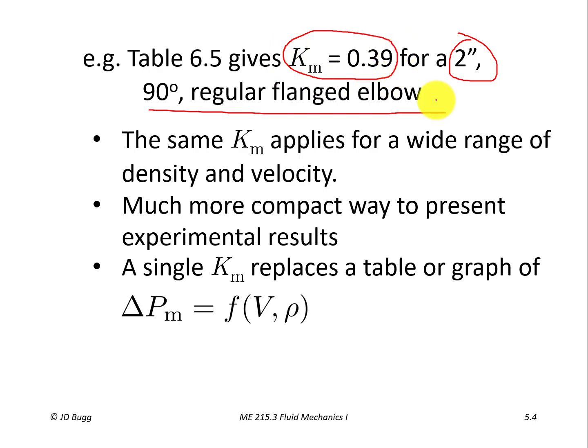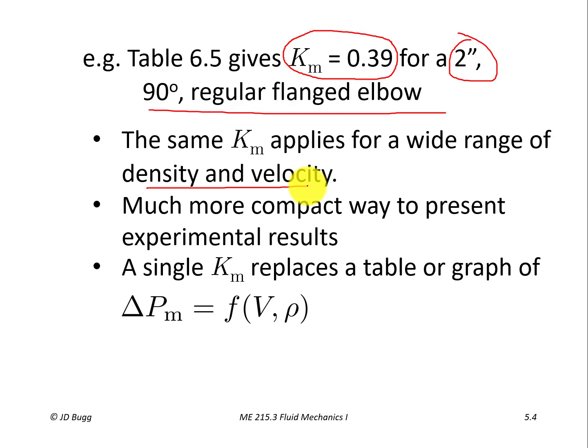Well, realize that that same value of K works over a very wide range of density and velocity. Why do I say density and velocity here? Well, remember, those are the other two parameters that we need to know to take our minor loss coefficient and use it to calculate a pressure drop. Okay? So this is basically a very compact way to represent the experimental results that would have been acquired when they were taking pressure drop measurements through this particular elbow.